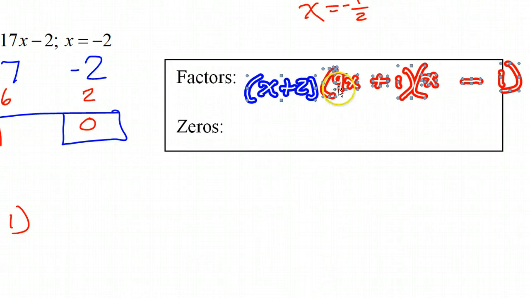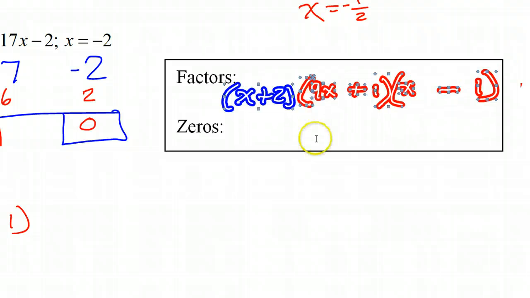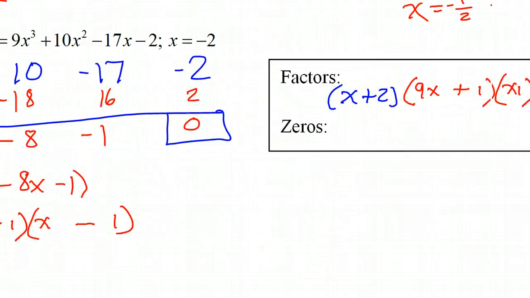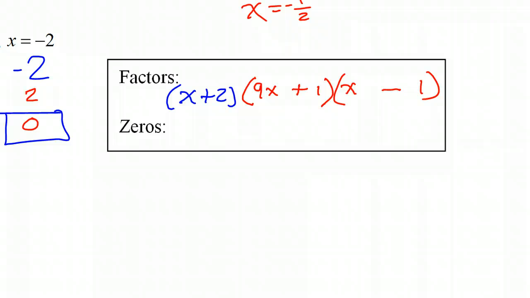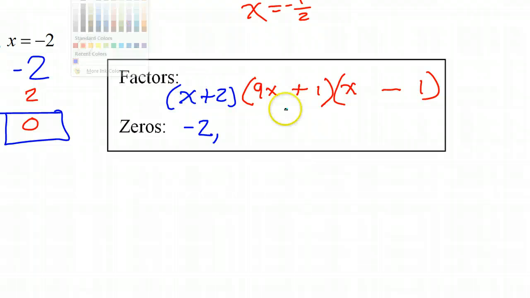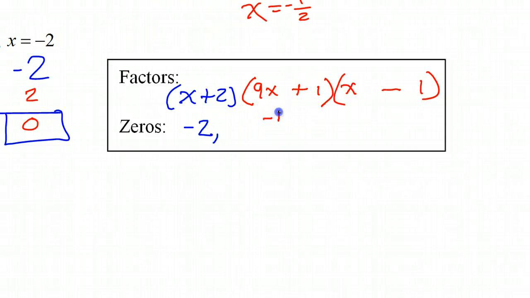Wow, that didn't even fit. It's crazy. There we go. Okay, so those are the factors. And so this factor would give me a 0 of negative 2. Of course, I had that from the beginning. But this factor will give me a 0 of negative 1 over 9. And this one will give me a 0 of positive 1.